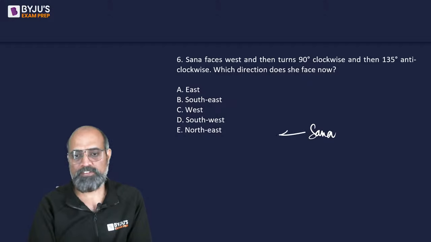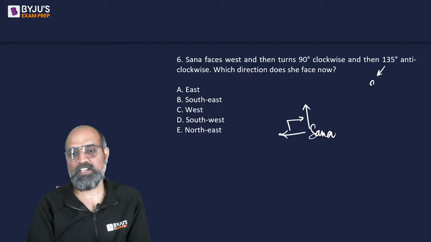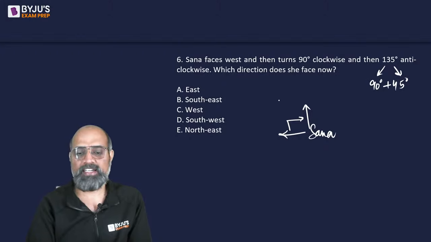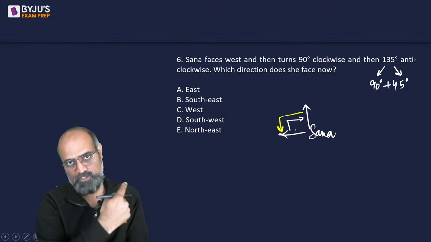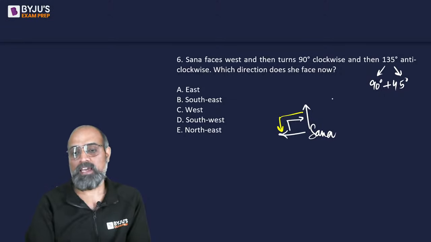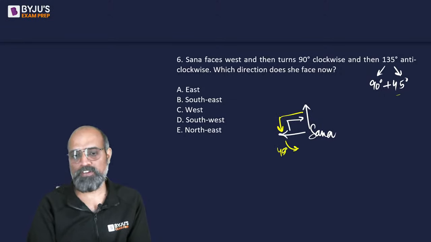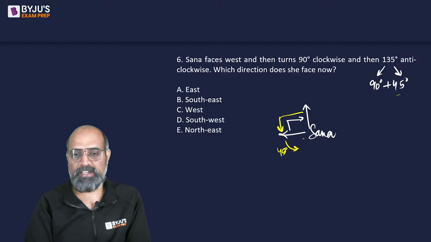So Sana is facing west, turns 90 degrees clockwise, and then 135 degrees anti-clockwise. 135 degrees will be 90 degrees plus 45 degrees. So 90 degrees anti-clockwise will mean she moves 90 degrees back. She is facing towards the west, and 45 degrees would mean she moves 45 degrees further in the anti-clockwise direction.